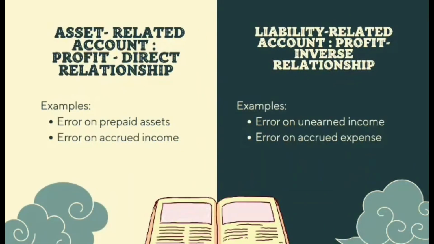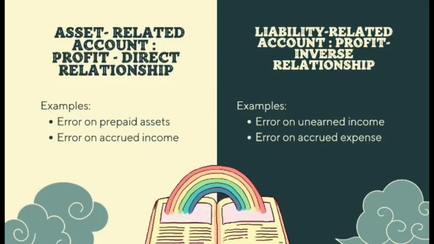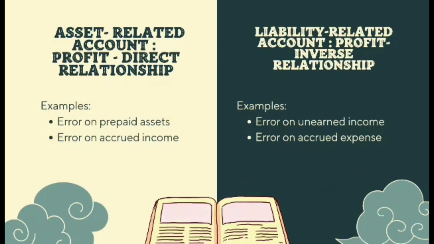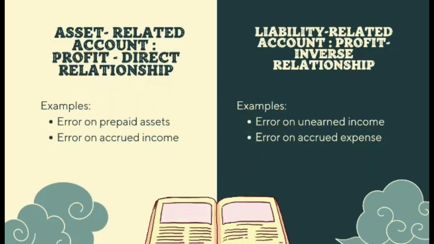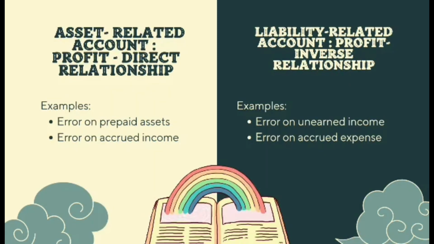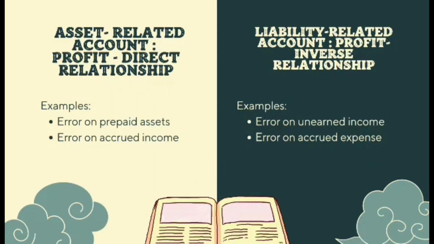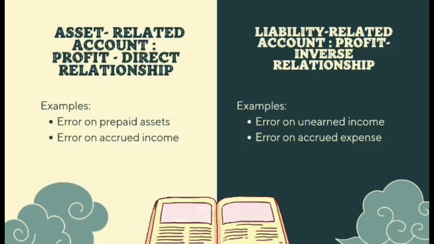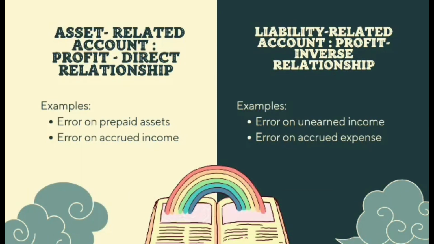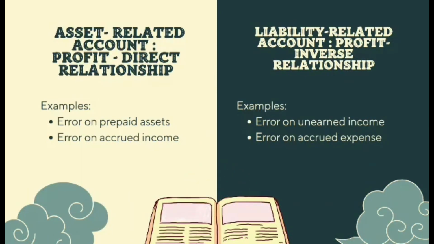Asset related account, profit direct relationship. It means if the asset related account is understated, the profit should also be understated. Some of the examples are the error on prepaid assets and error on accrued income.